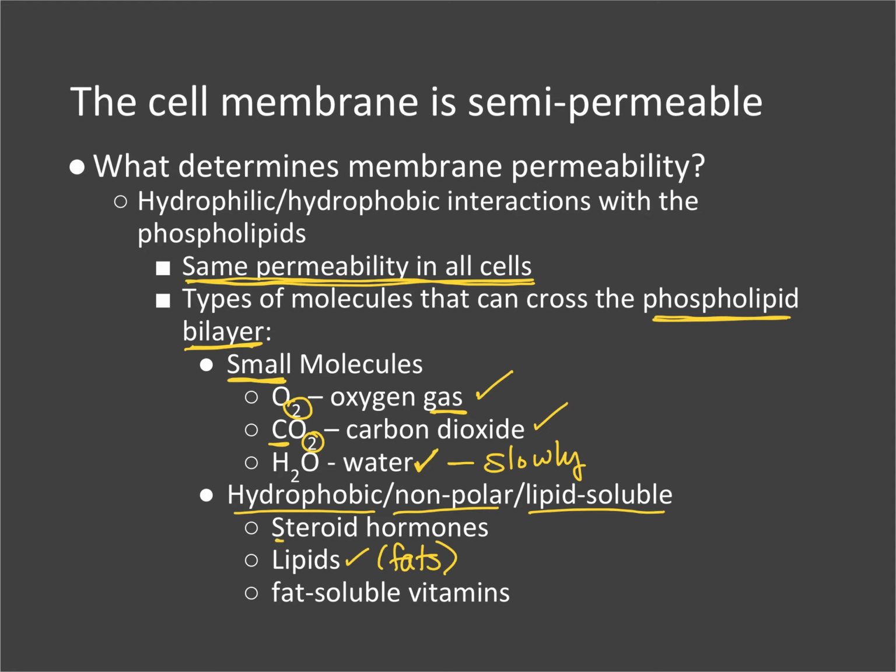So things like steroid hormones are types of fats. There are some vitamins that are fat soluble that can also cross that phospholipid bilayer. So remember, these are the substances that are crossing that phospholipid bilayer on their own without any help.